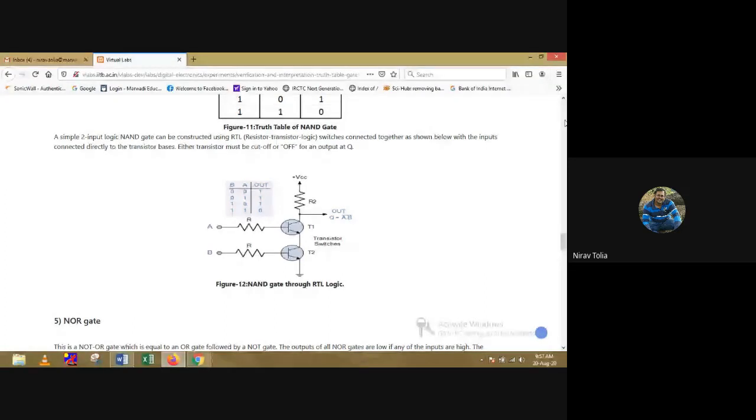Only in that one possibility is my output 0, when the inputs of T1 and T2 are 1. Otherwise, my output is always 1. So this is the circuit of the NAND gate.